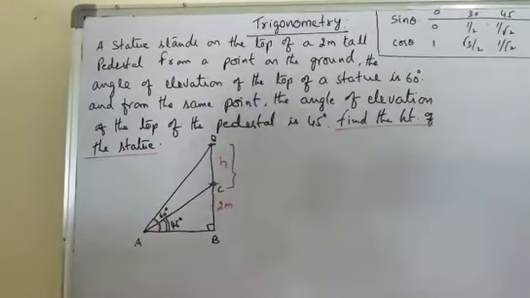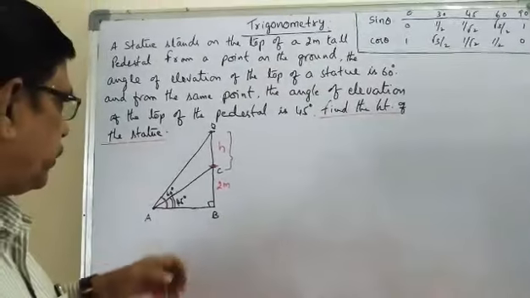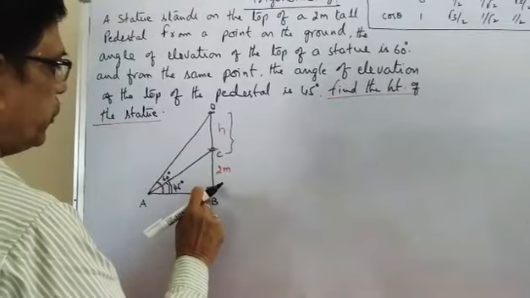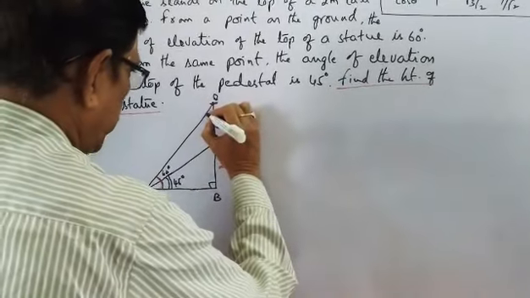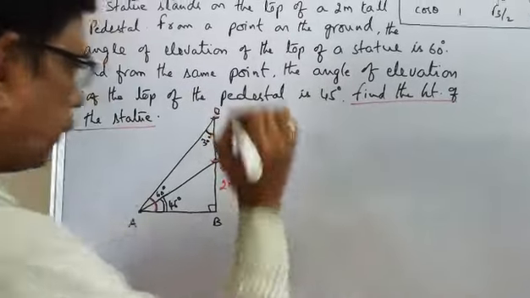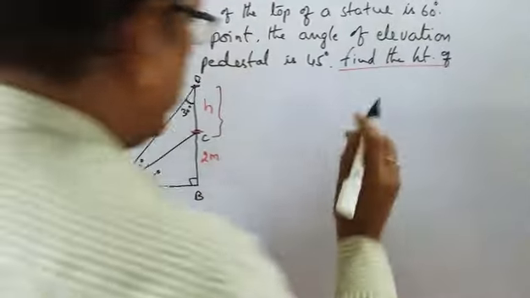Now here we got two combinations. One is when we take triangle ABD, if this is 90 and this is 60, this will be 30 degrees. So we got one combination here.